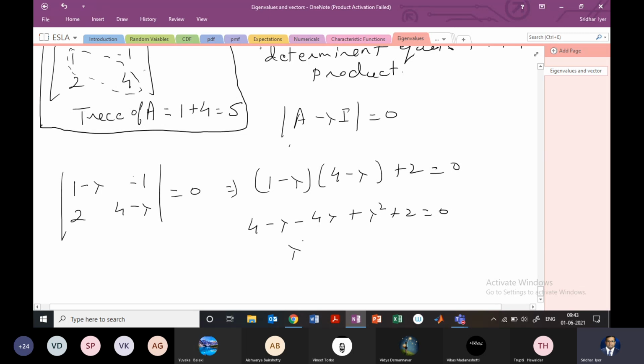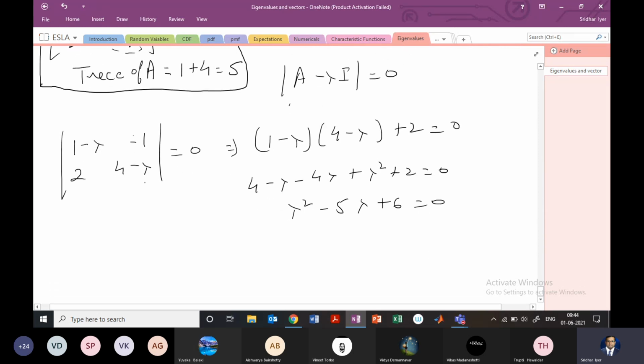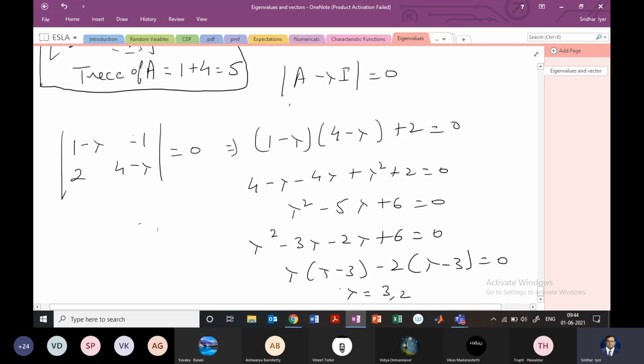So we'll have lambda square minus 5 lambda plus 6 equal to 0. You can split this as lambda square minus 3 lambda minus 2 lambda plus 6 equal to 0, so we get lambda into lambda minus 3 minus 2 into lambda minus 3 equal to 0. So the two values of lambda will be 3 and 2.